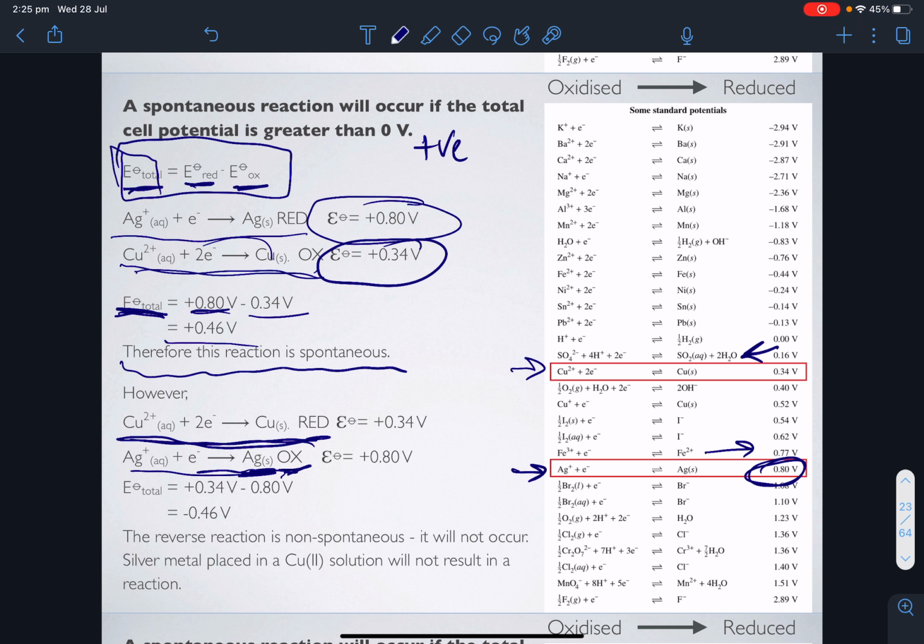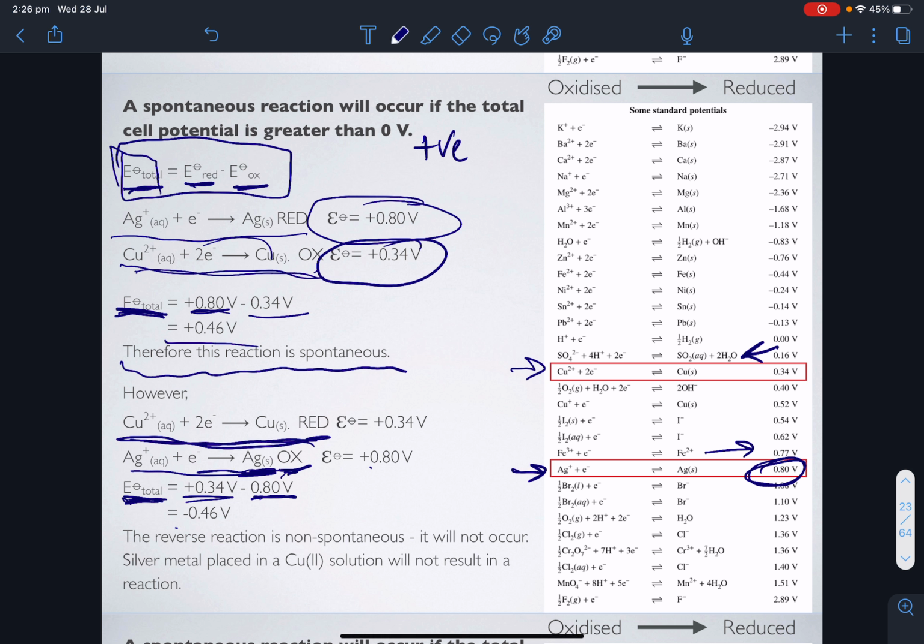So let's calculate our total cell voltage. We've got our reduction half because we want copper 2 plus to reduce, so it's plus 0.34, and we want silver to oxidize, so we're going to minus away that 0.80, or minus the positive 0.80.